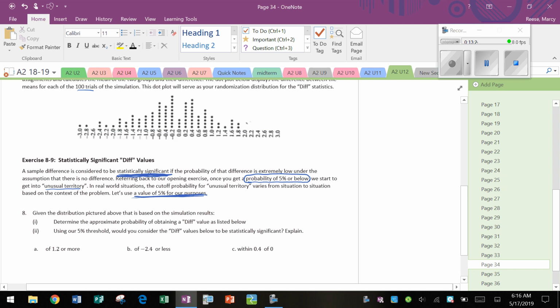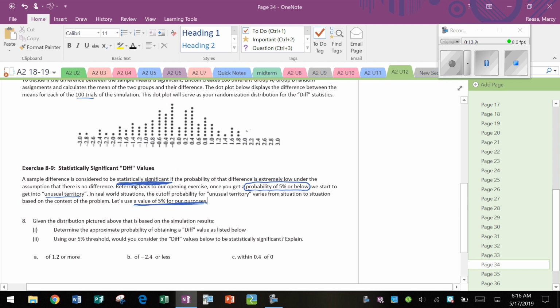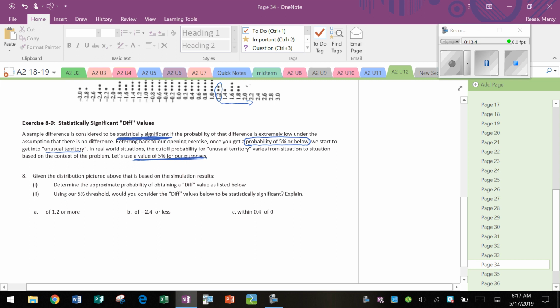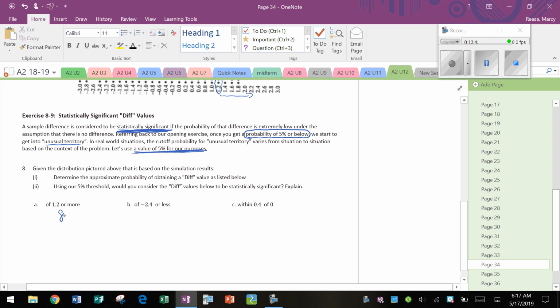So I'm going to come up here, and I'm going to go to 1.2 or more. That's what I should say. Here's 1.2 or more. And I count my dots, just like I've done before with these, just to figure out a percentage. And I get 8 out of, remember, there are 100 dots there, which is 0.08, which is 8%.